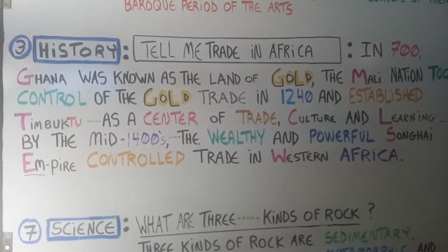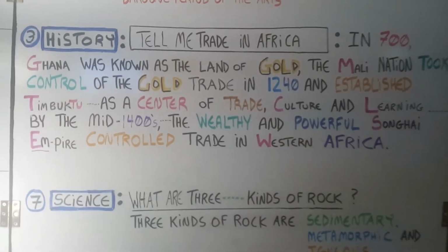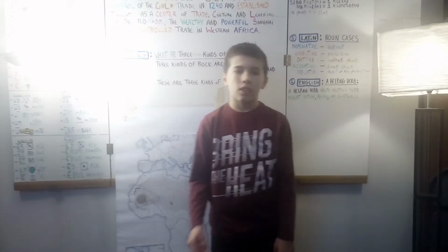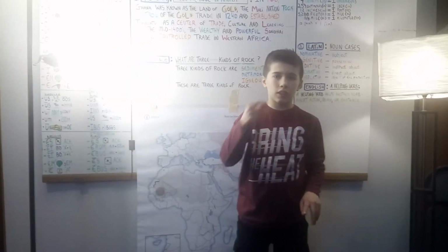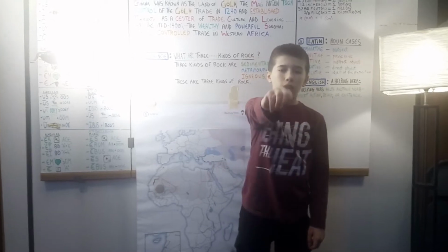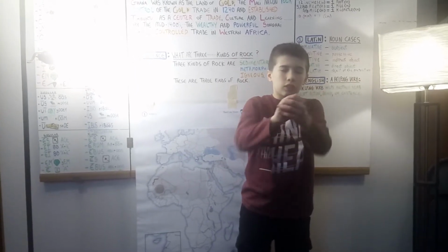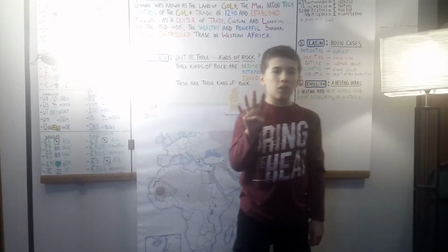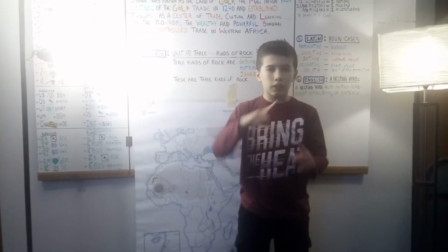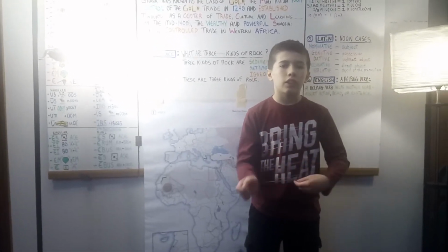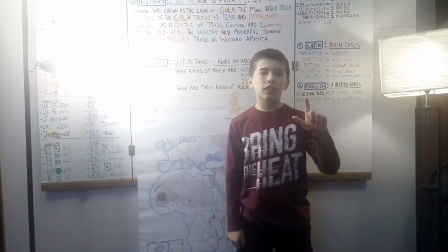Our history sentence is, tell me about trade in Africa. So we start out in 700. Ghana was known as the land of gold. Mali took control of the gold trade in 1240 and established Timbuktu as the center of trade, culture, and learning.